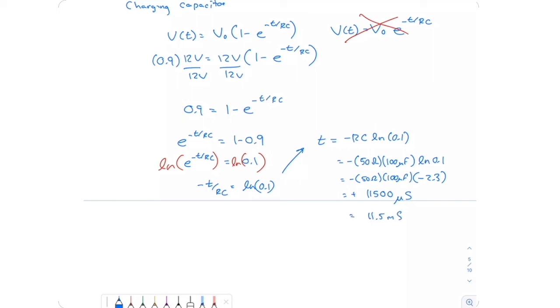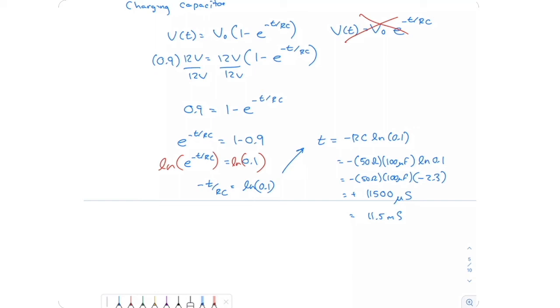So if you're just multiplying the numbers, 50, 100, and 2.3, write out your answer, and the micro that we have from the farads will stay, and the ohms and the farads give us the seconds. And then we can convert into milliseconds or whatever is most convenient.